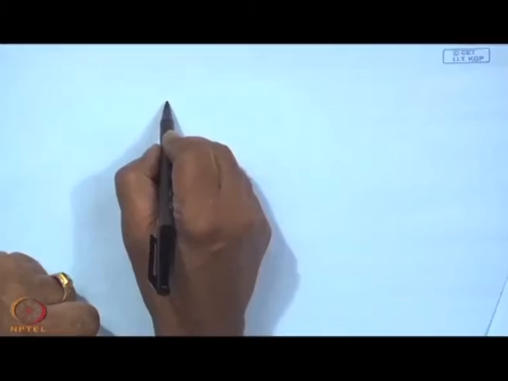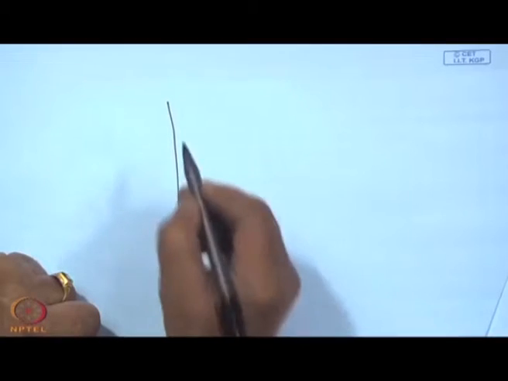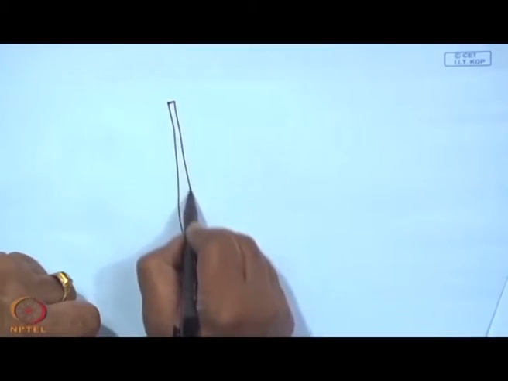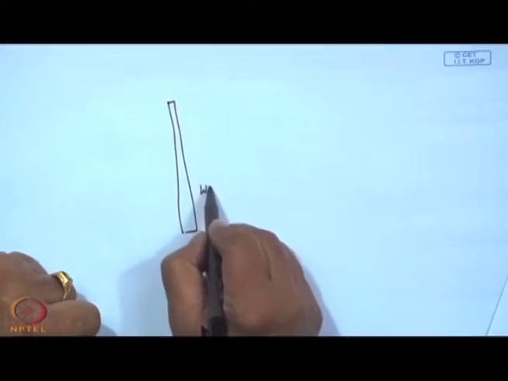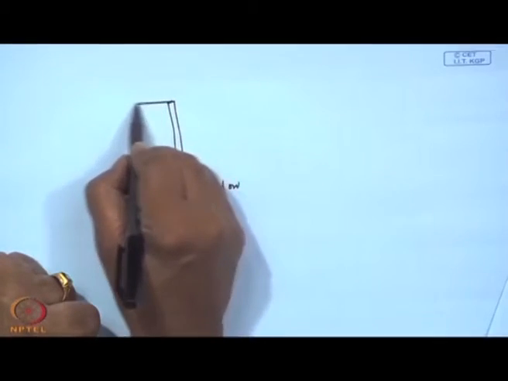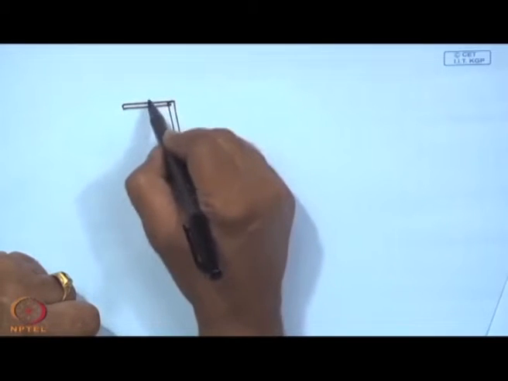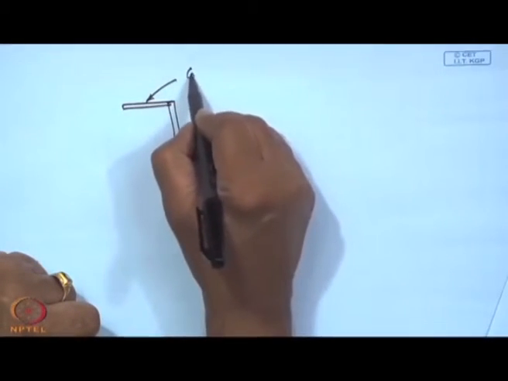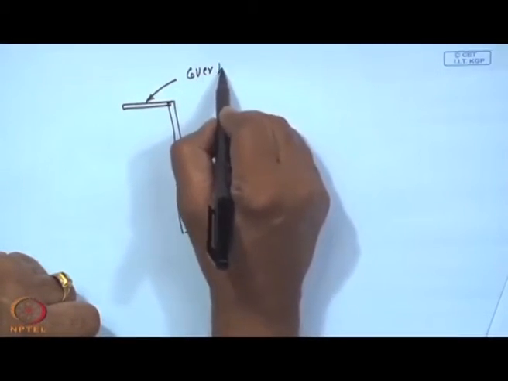If I consider a window, let us say this is the window in the side view, and this is the sort of overhang you will see often.